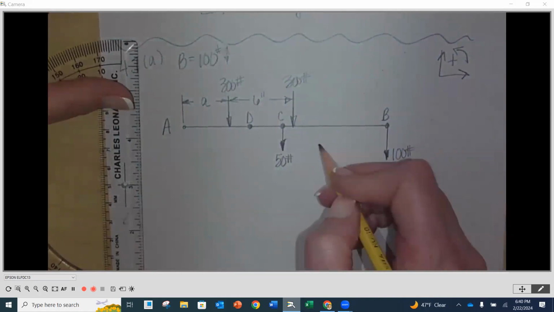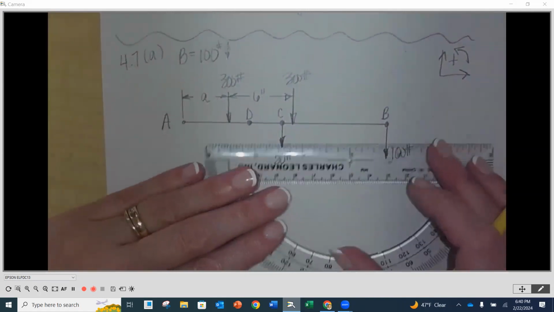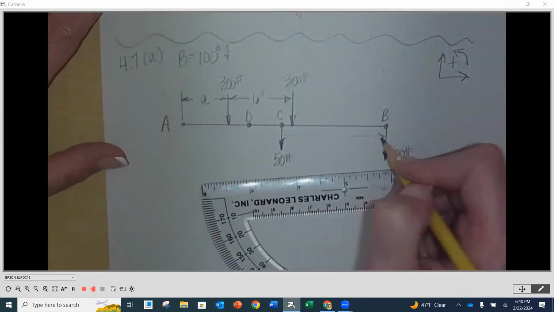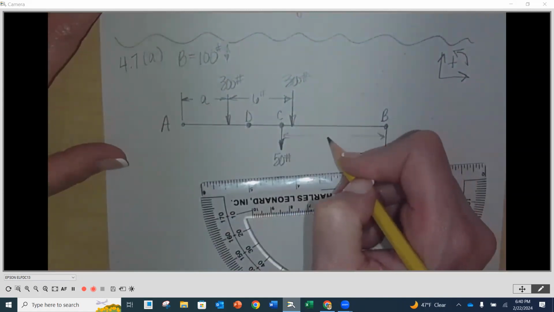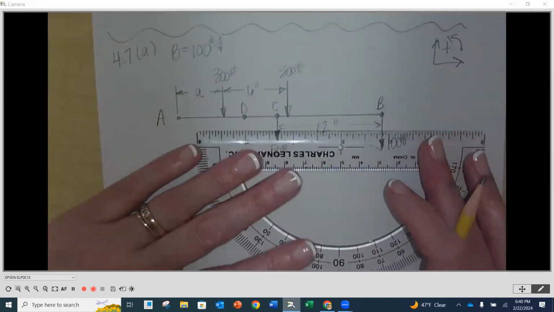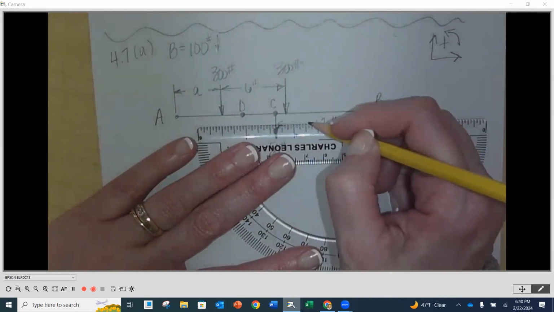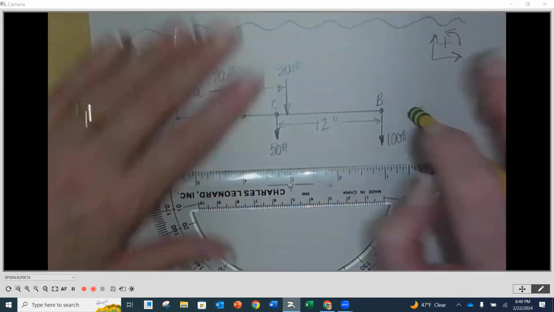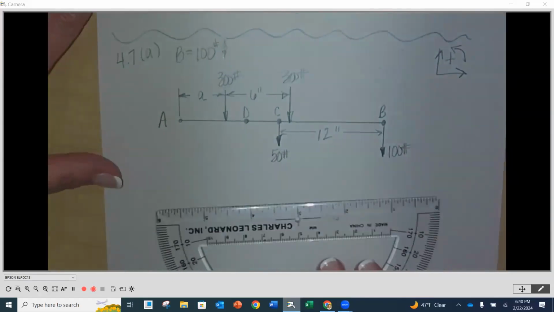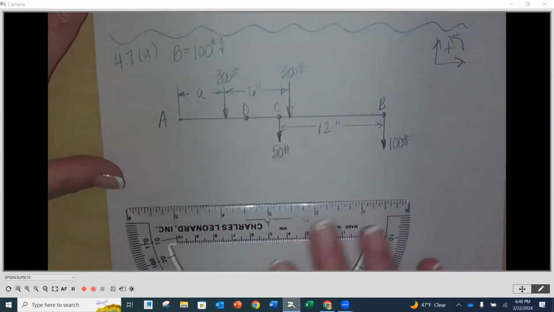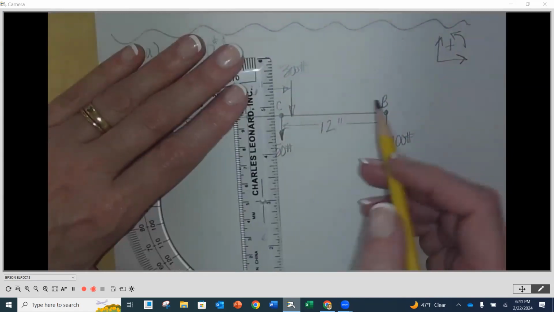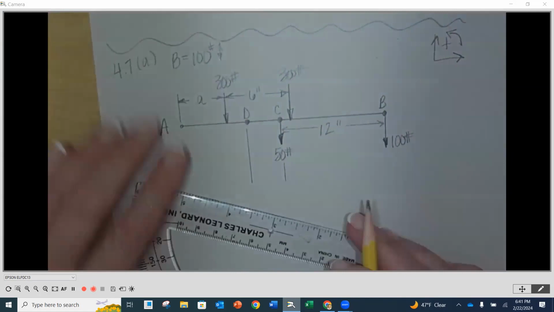Now, distances wise, between these two, this is 12 inches. Put darker so you can see it. 12 inches, 6 inches between those. Then between C and D, bring this down here a little bit.